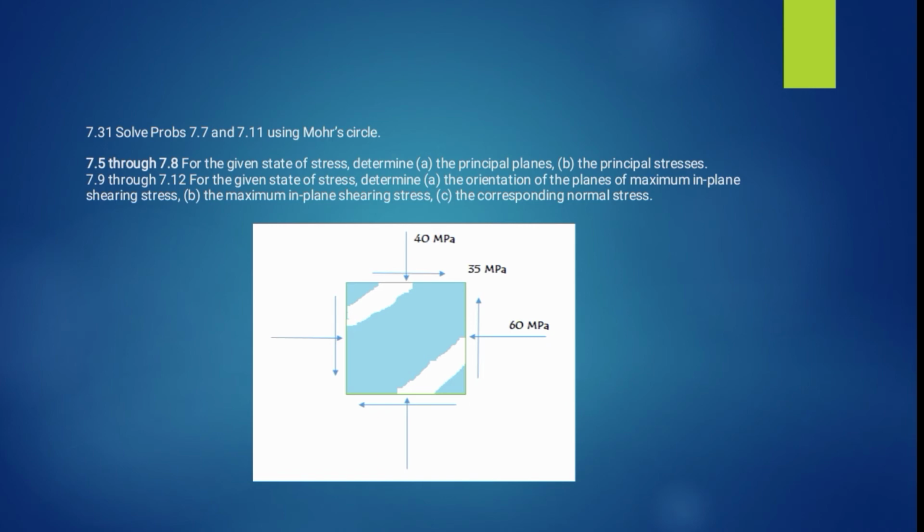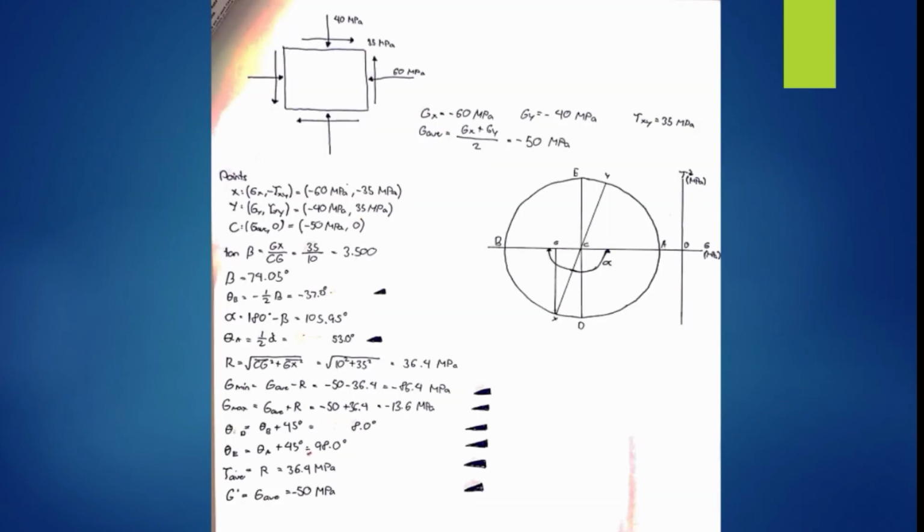The principal planes. Next is R. Square root of CG squared plus GX squared is equal to square root of 10 squared plus 35 squared, which is equal to 36.4 MPa. Then next is σ minimum. σ average minus R is equal to negative 50 minus 36.4, which is negative 86.4 MPa.